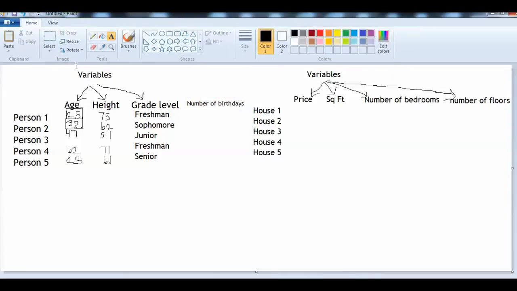No matter how many people we ask, each person will say, I only have 1 birthday each year. Even if we asked 1,000,000 people, we would just get a really long column of ones. So even though number of birthdays would be a column, it's not a variable because it's not something that varies.